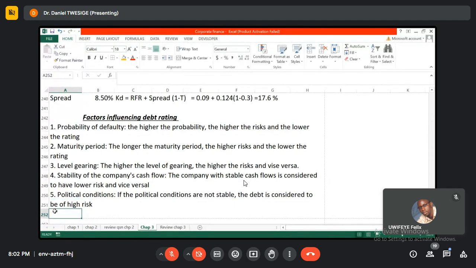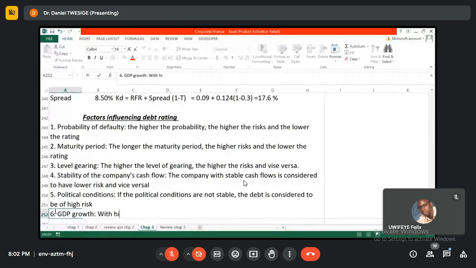You can talk about the GDP and employment. GDP growth. So with high GDP growth, we consider that the risks are not high.